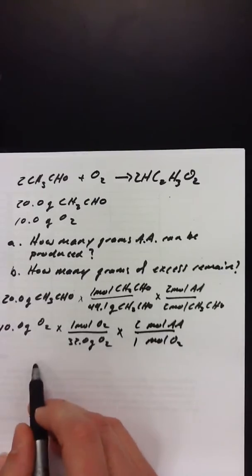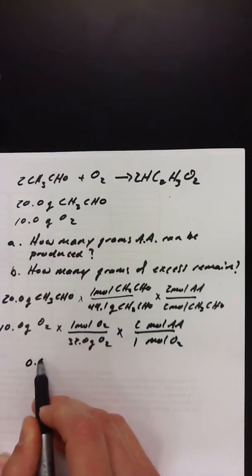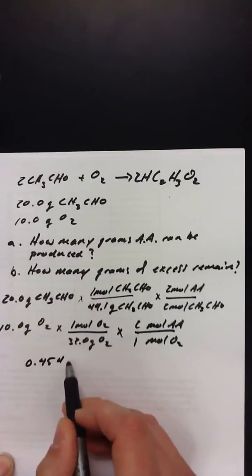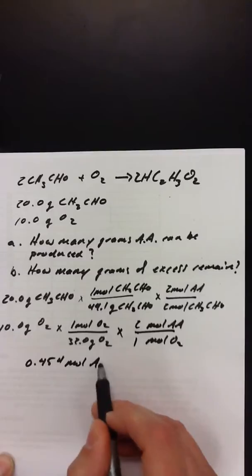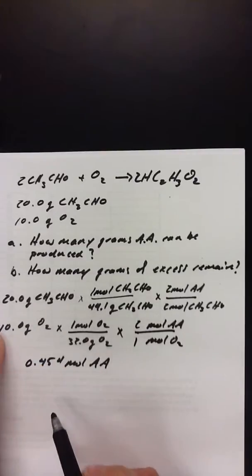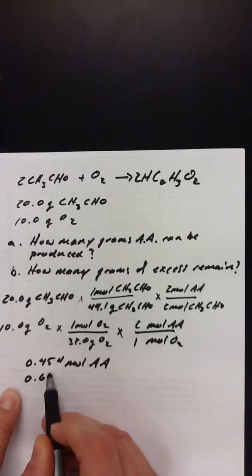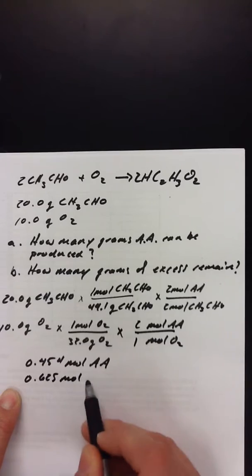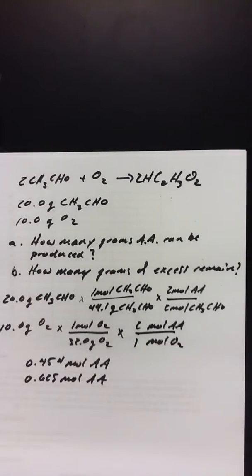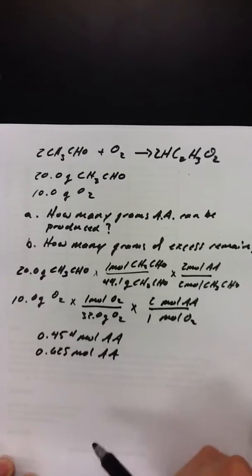When we actually do this calculation, we find that from the 20 grams we can make 0.454 moles of acetic acid. And from the 10 grams of oxygen, we can make 0.625 moles of acetic acid. So which of these two is the lesser amount?